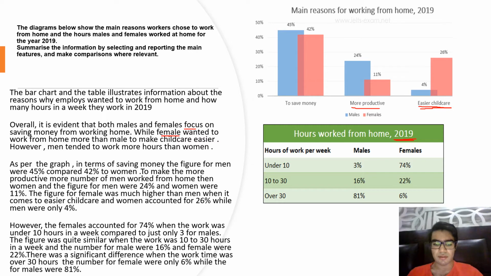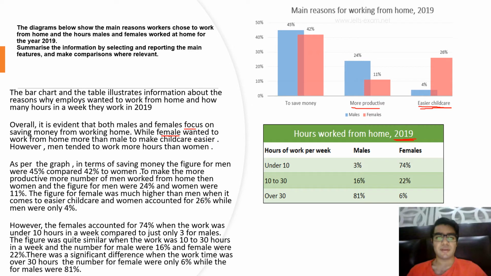And for the sentence, while female wanted to work from home more than male to make childcare easier, you could say something like this: however, females wanted to work from home more than males, because it makes childcare easier for them. You don't need to start your sentence like this, and you haven't used a comma.